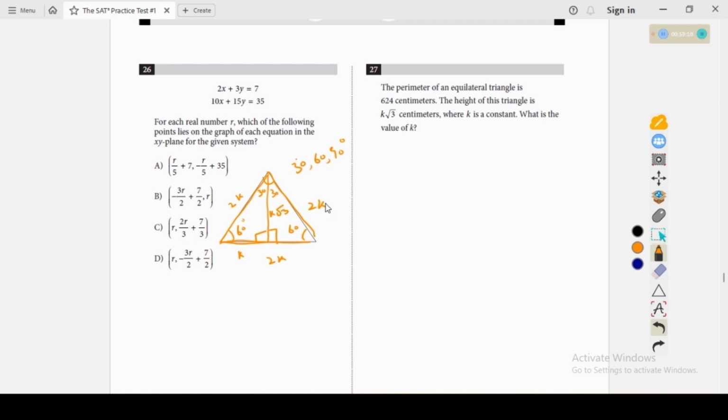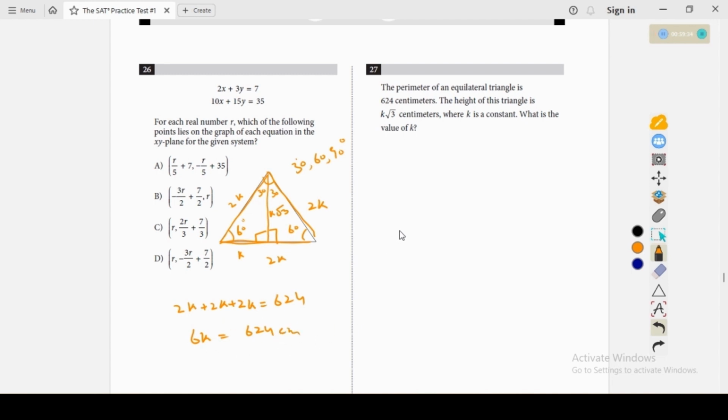Now we have to find the value of k. By taking the perimeter of the equilateral triangle, it becomes 2k plus 2k plus 2k equals 624 centimeters. It becomes 6k equals 624 centimeters.